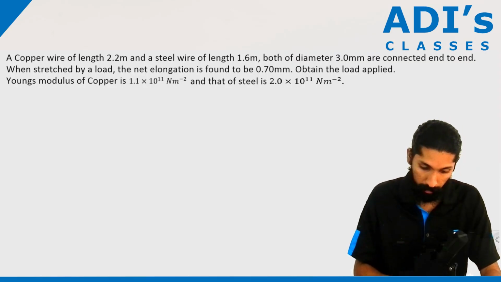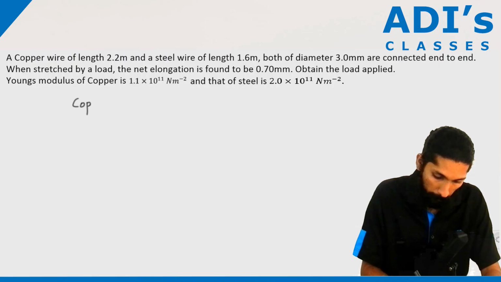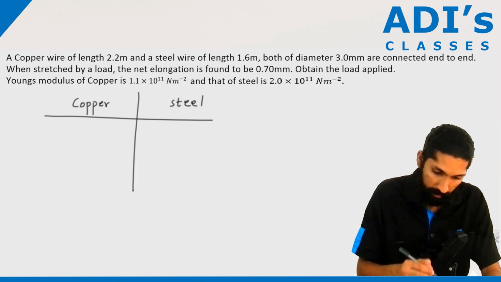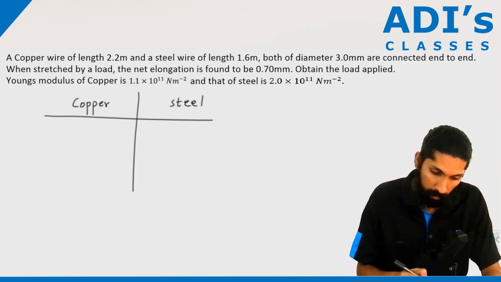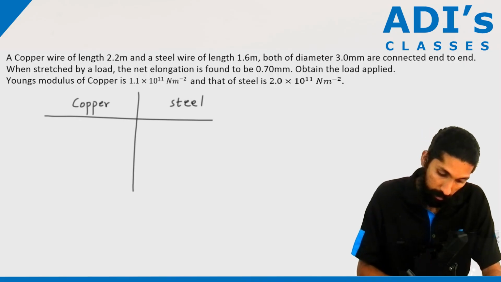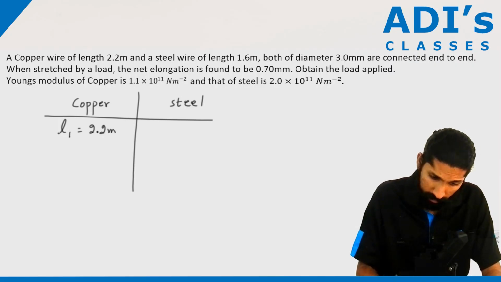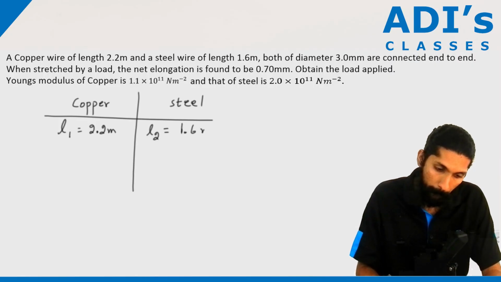Now for copper, what is given? So let's write down. You have copper here and here you have steel. Correct? For copper, the length is given to be 2.2 meter, so L1 is equal to 2.2 meter, and that for steel, L2 is equal to 1.6 meter.